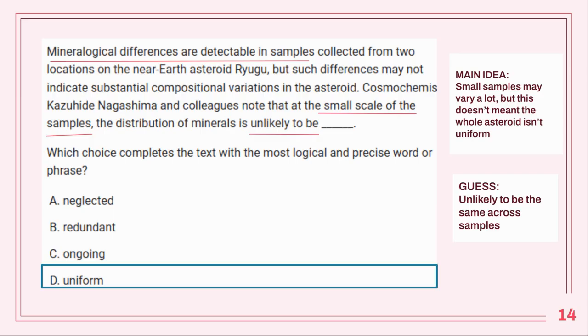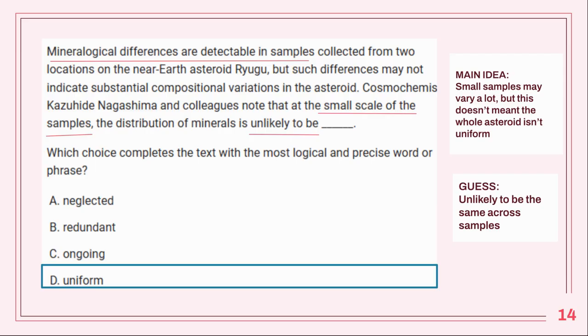The distribution of minerals is unlikely to be neglected. Honestly, that's the opposite of what we're trying to say. They're saying that the small samples may vary a lot, but the asteroid itself might not actually vary a lot. I think they might be neglecting the mineralogical differences in the samples, because the asteroid is not going to be as compositionally variable as the samples.